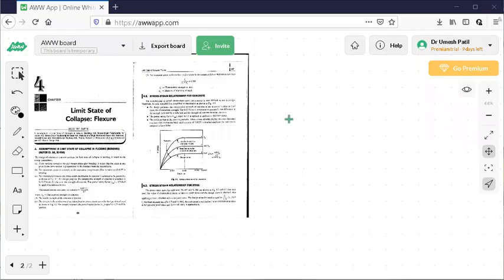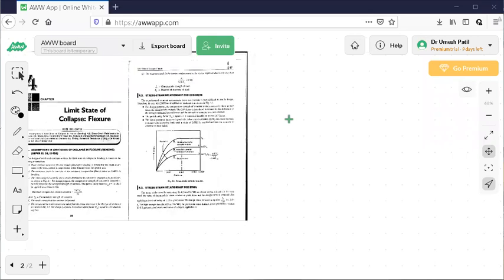So before this one, let us try to understand a few more basics here. In order to balance a horizontal force, we need one more horizontal force. You can see this one here.